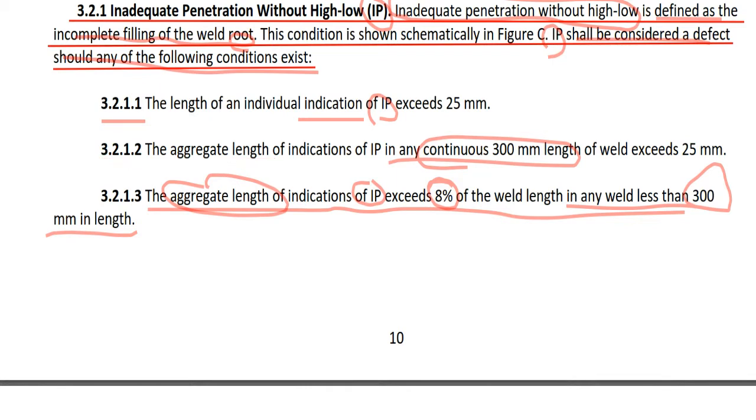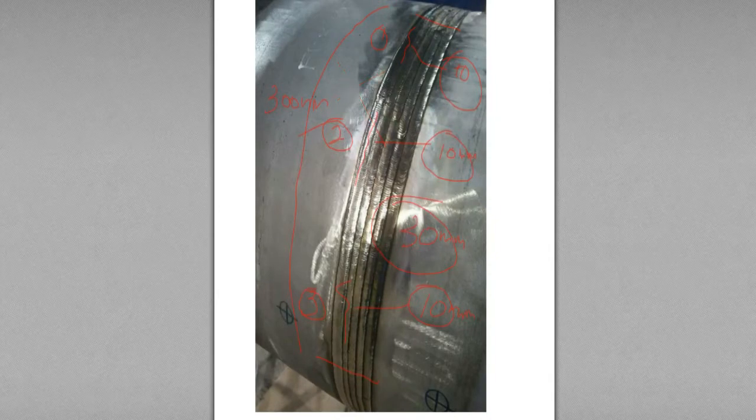And condition number 3, 3.2.1.3, less than 300 millimeter. So here to here, assuming distance here to there is 200 millimeter.